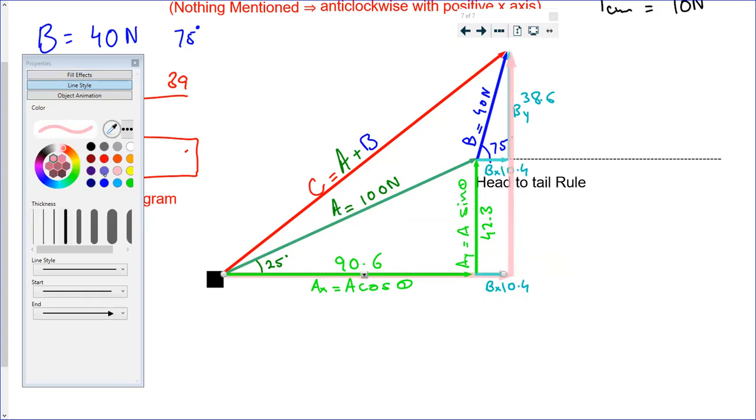I make it a bit red and more bold, like that. So what's the total length of that red one, the horizontal red?